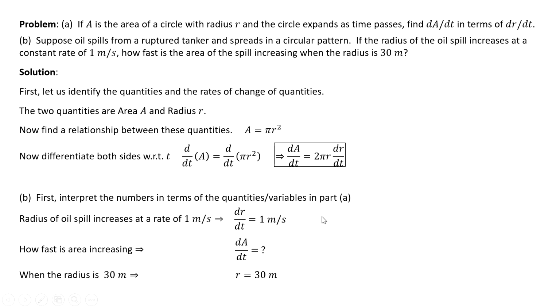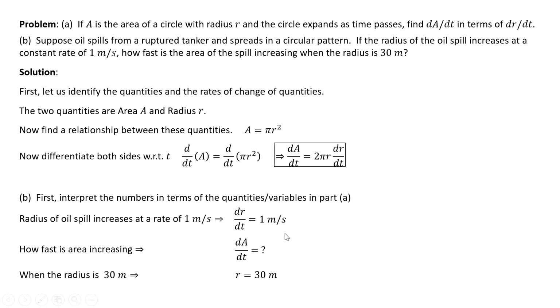Any idea why they had to give r? They had to because notice dA/dt is 2 pi r dr/dt. So the rate of change of area depends on r and also dr/dt. That's why they had to give us r and dr/dt.